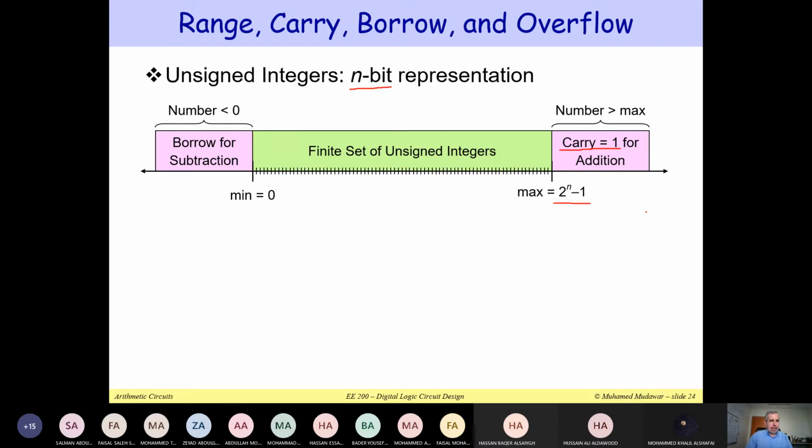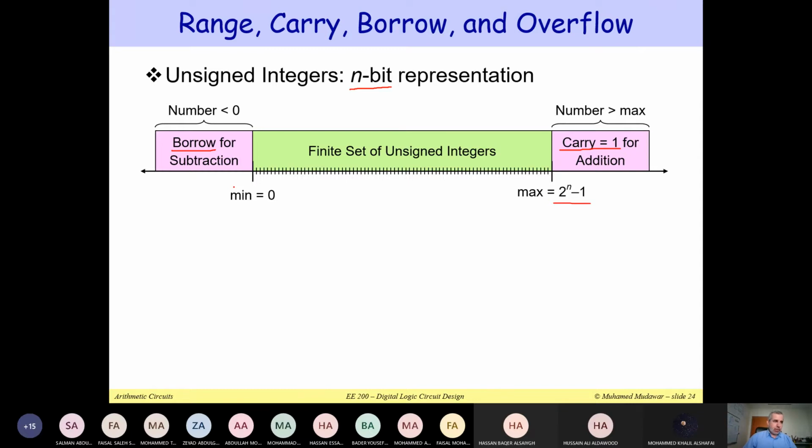If you are doing subtraction of unsigned integers and the difference turns out to be negative, negative cannot be represented as unsigned, so we get a borrow. That's an indication that your difference is negative, but there is no representation for negative if you are using unsigned integers.